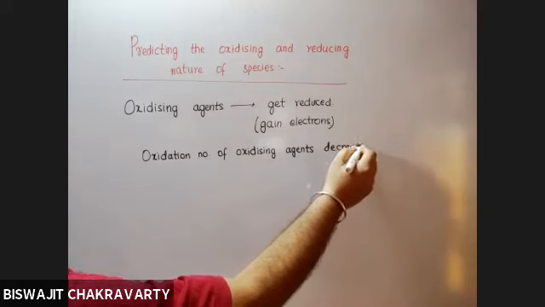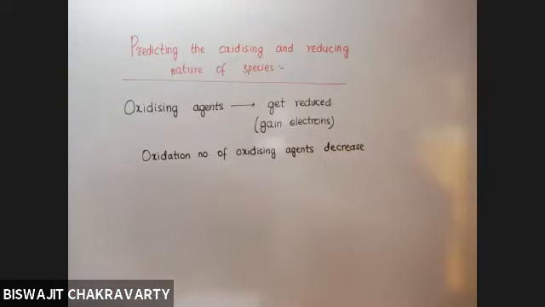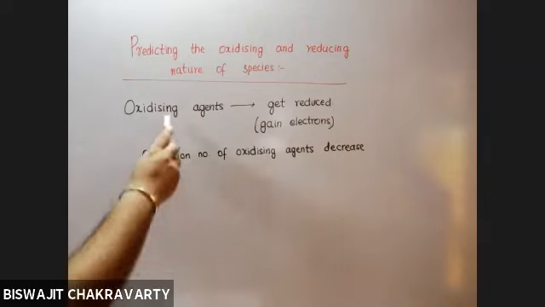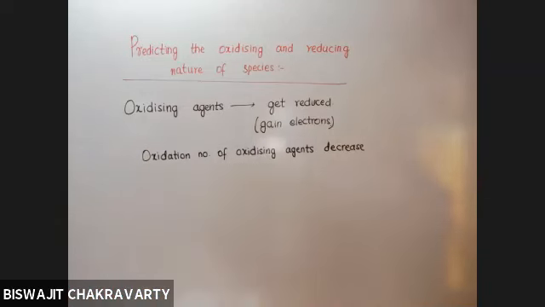If you have any doubt, please clear it out. Is this point clear? Because oxidizing agents gain electrons, and gaining electrons means gaining negative charge. So there is a decrease in the oxidation number.